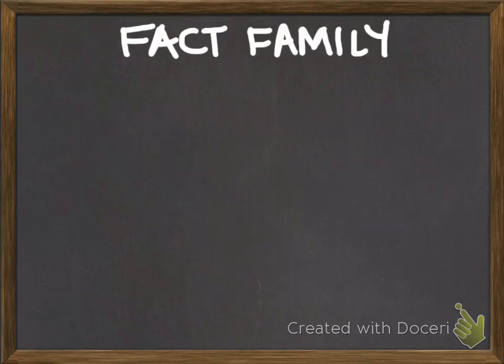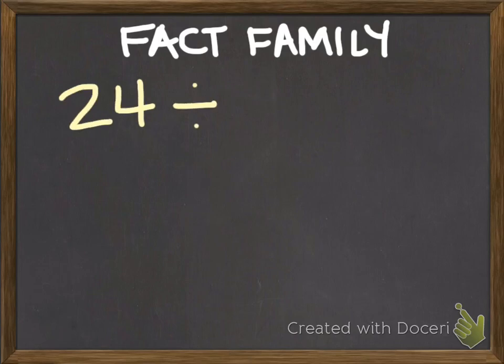And guys, I want to show you one more really cool way that you can look at division. Okay, so we know our problem is 24 divided by 4 equals something. One way I like to look at division is by looking at the divisor, how many groups.